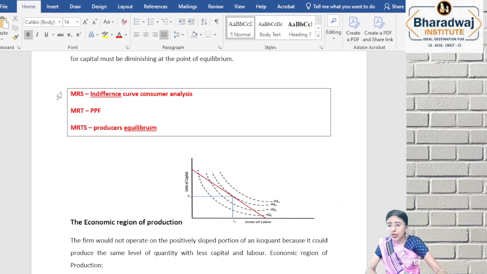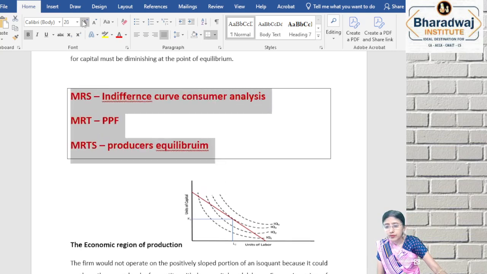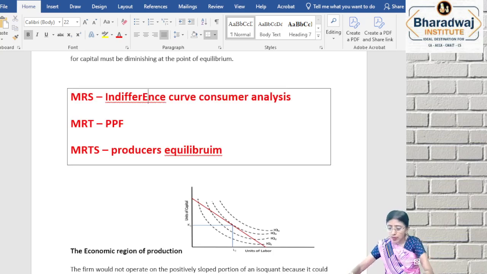Expected question. I will also make it big. The MRS term will be applicable in the context of indifference curve analysis, MRT under production possibility frontier.